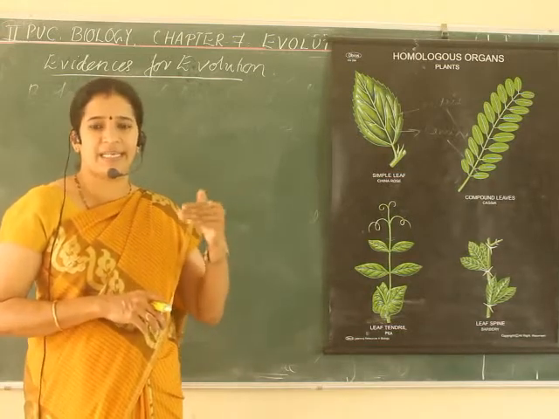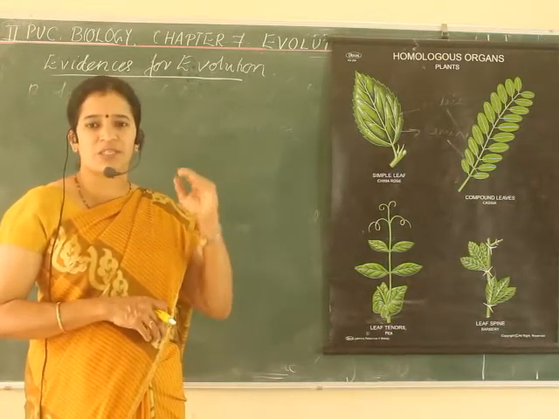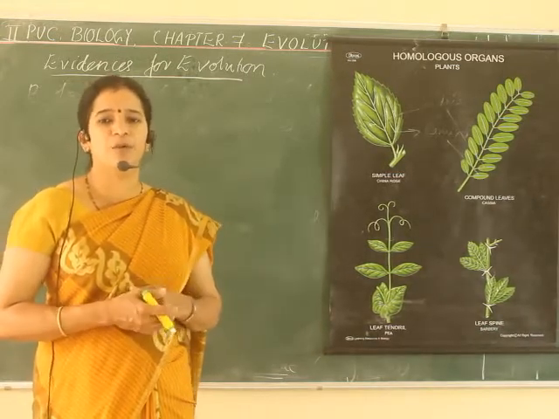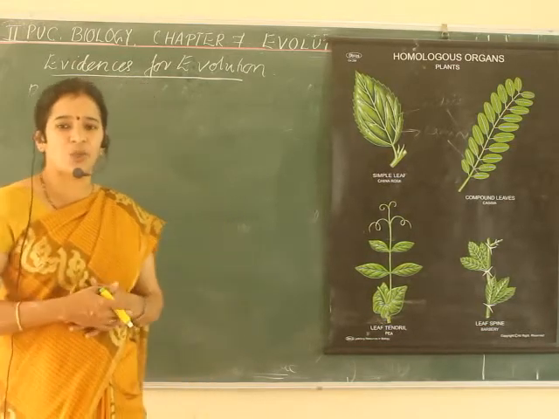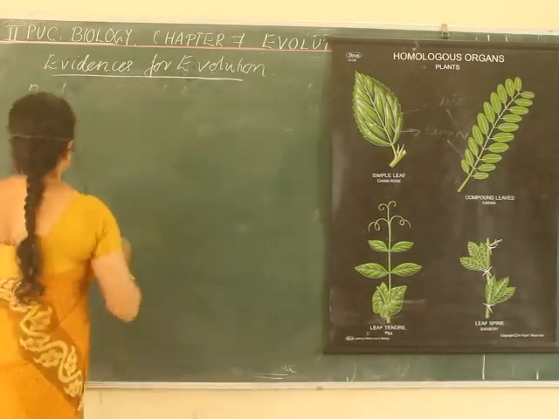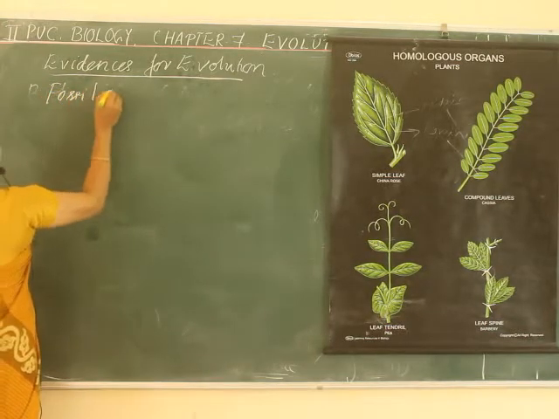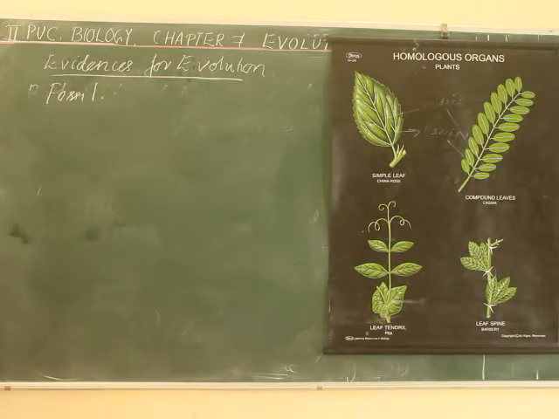Once they die, these impressions remain on the rocks. So those layers of sedimentary rocks give proof of the life which existed in different geological periods. Fossils are the dead remains of various life forms found in sedimentary rocks.